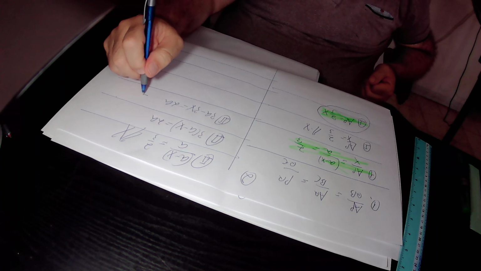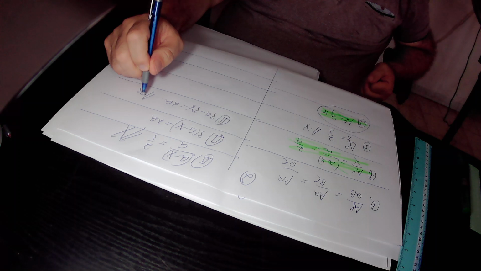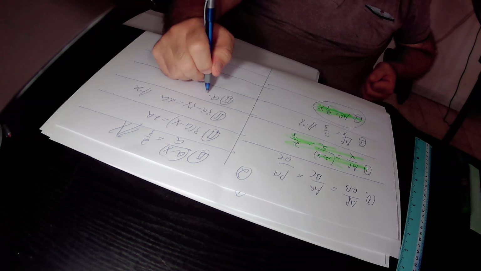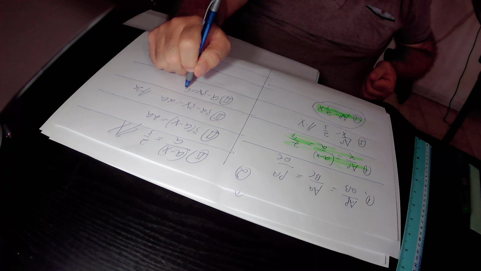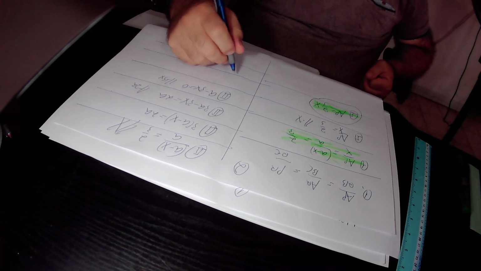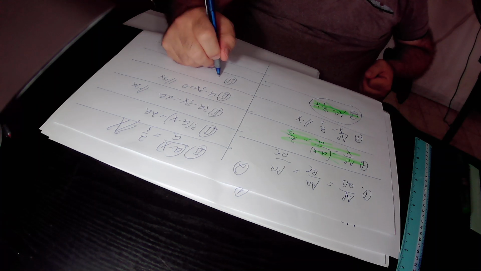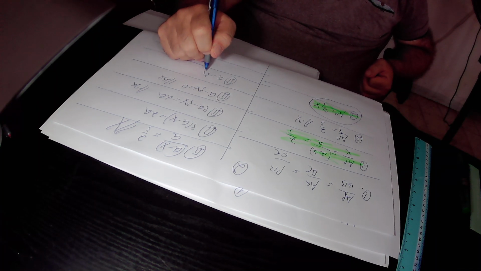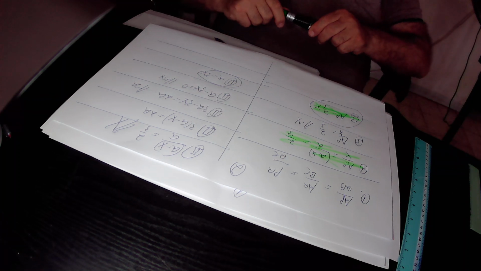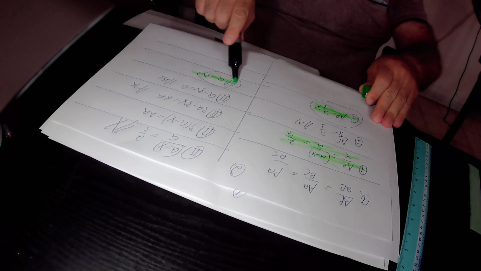We subtract 2A from this equation, and 3A minus 2A is A, so A minus 3X equals 0. Here we add 3X to the equation, and we get that A equals 3X. Repeat again, according to equation 2, we found out that A equals 3X.